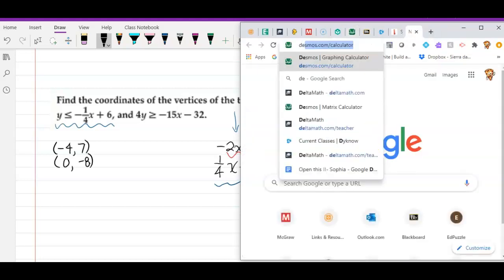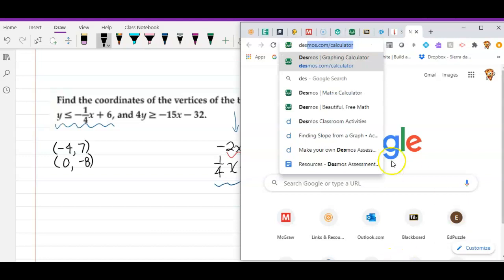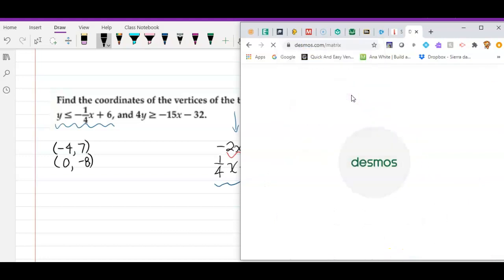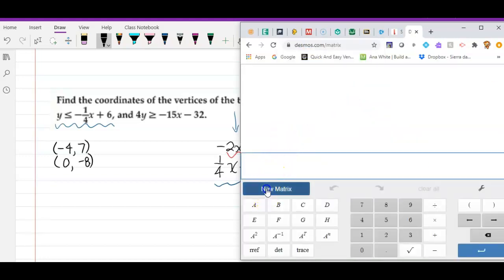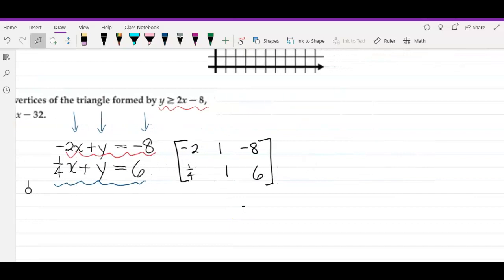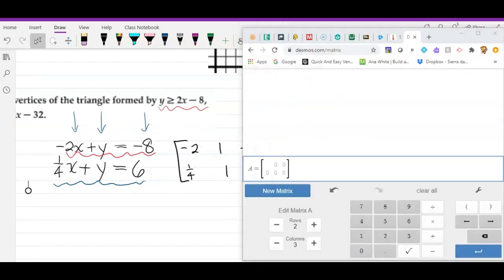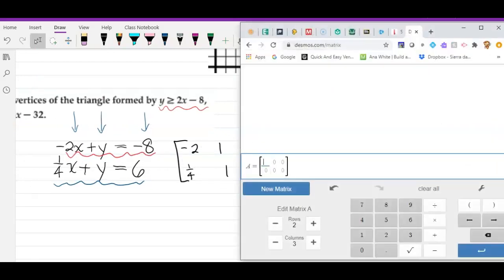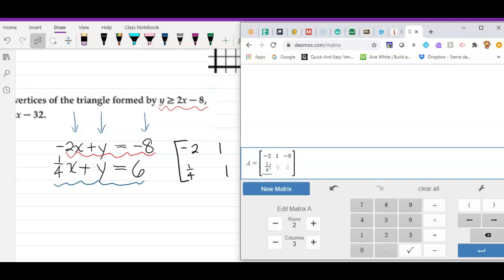Again, to get there, we go to desmos.com/matrix. And we want a new matrix. We want it to be 2 rows, 3 columns, -2, 1, -8, and on the bottom, 1/4, 1, 6.